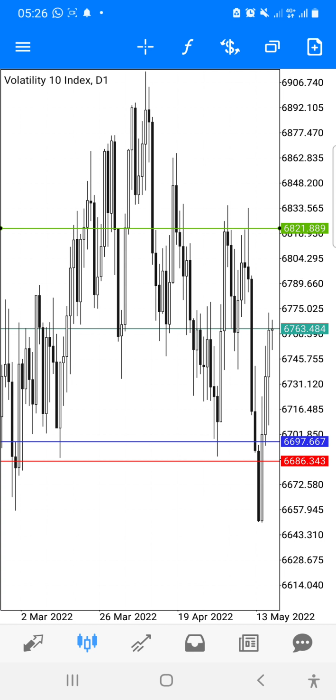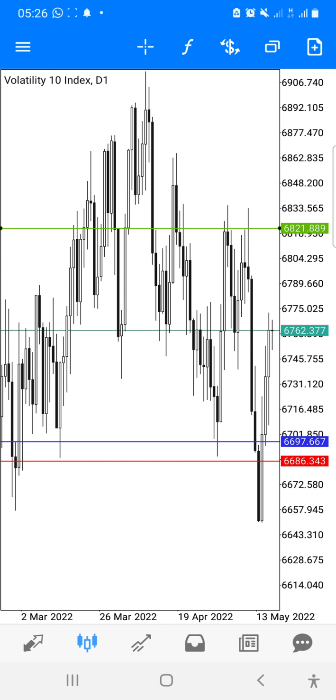Yeah, 123 points, not pips. To convert points to pips, 123 divided by 10 is 12.3 pips. So your SL is 11 points, which is 1.1 pip, while your take profit is 123 points, which is 12.3 pips.